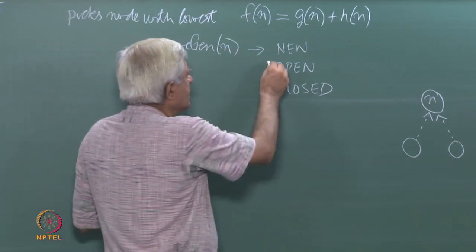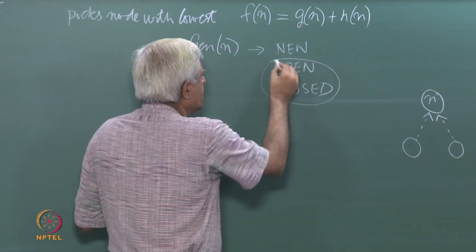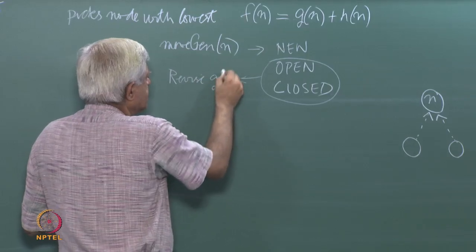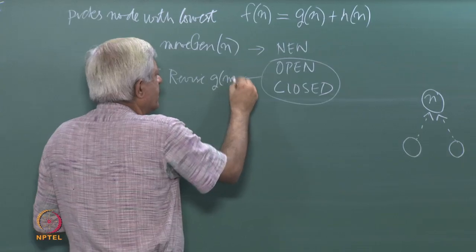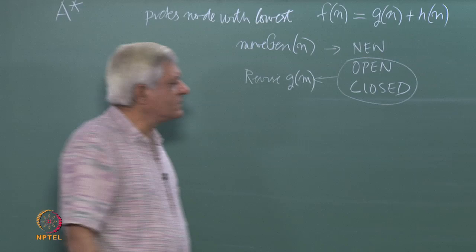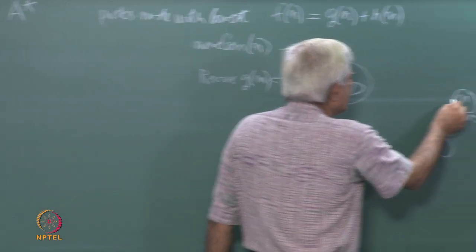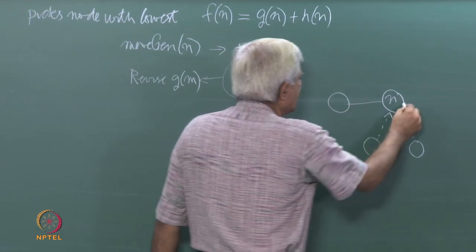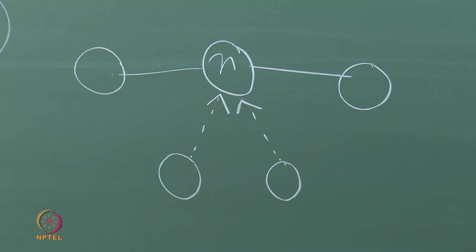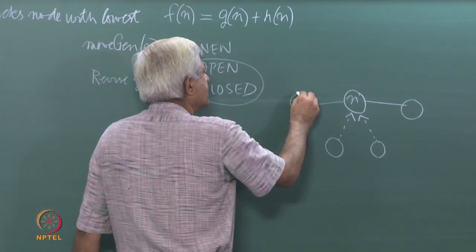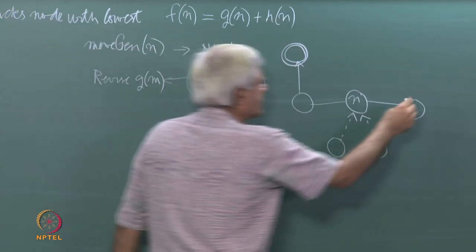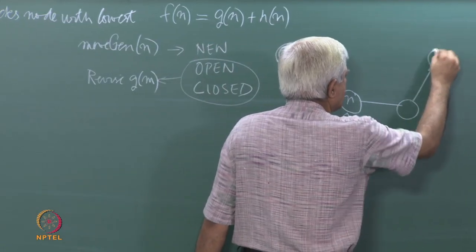For nodes which are on open and on closed, we need to revise g of m, where m is a child, because we might have found a cheaper path. So, for example, if these two nodes are on open, since they are on open, it means that they already had some parent in the closed, of which they were children.